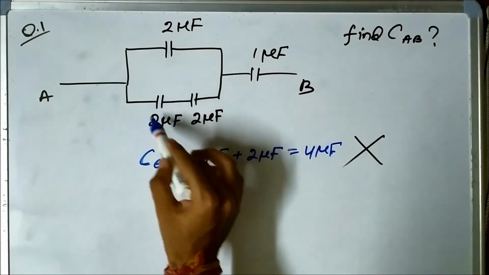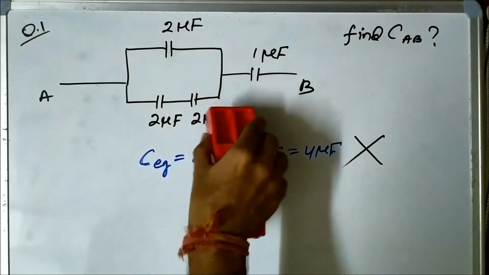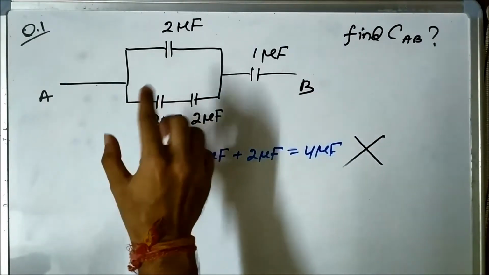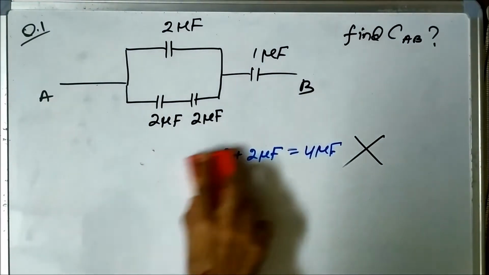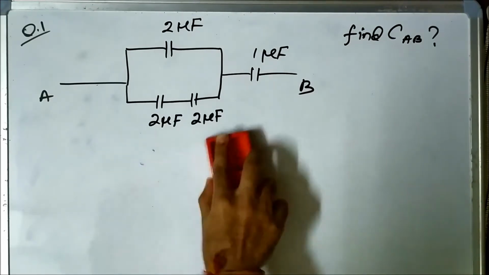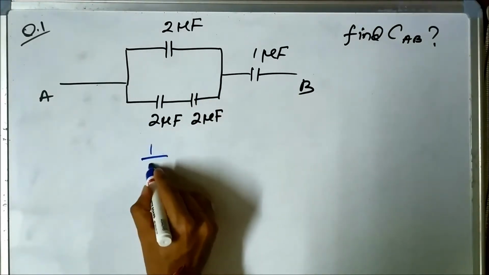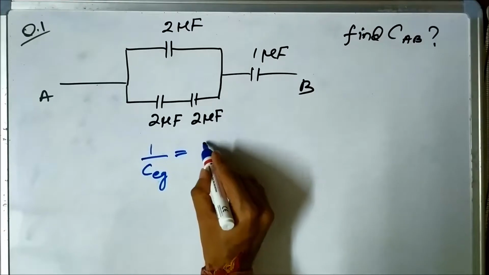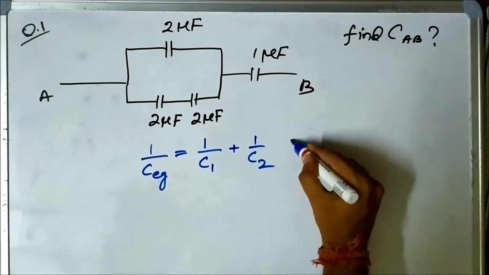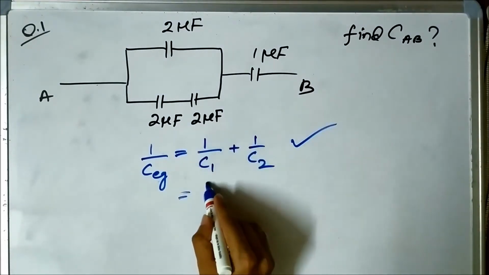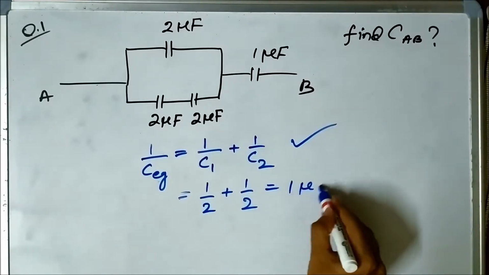Whenever two capacitors are connected in series, an end to end connection, where the right end of one is connected to the left end of the other, the equivalent capacitance is actually the sum of the reciprocals. So 1 by C equivalent is equal to 1 by C1 plus 1 by C2. This is correct. So it will be 1 by 2 plus 1 by 2, which gives 1 microfarad.